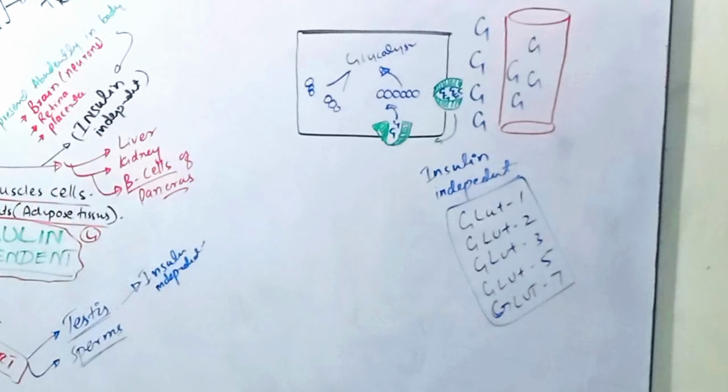Right, here, for example, this is another cell. I am taking the cell from muscle. This is the cell from muscle, a myocyte.